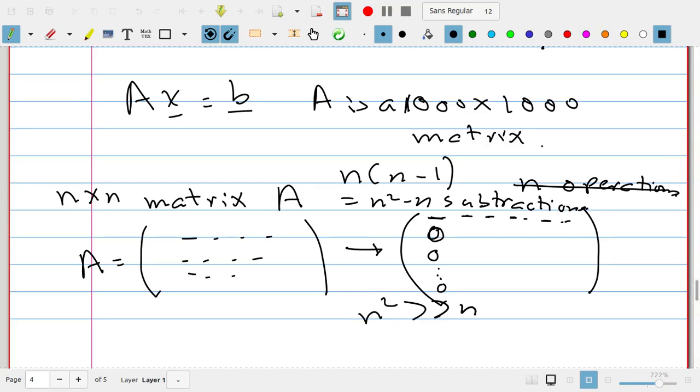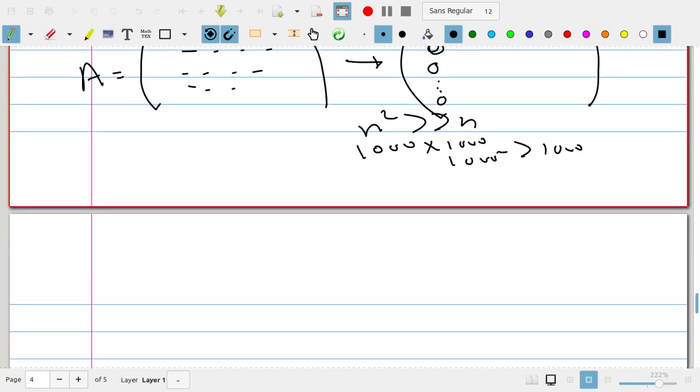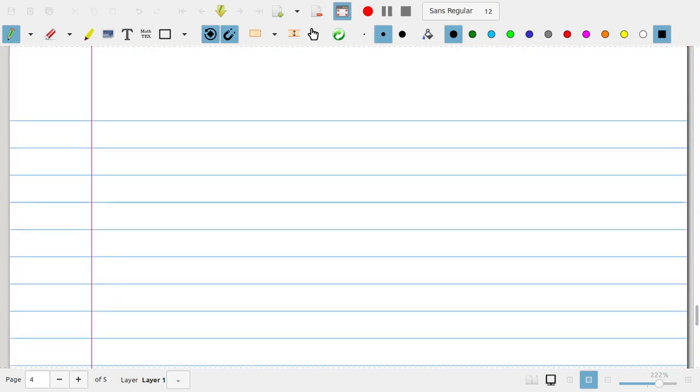So 1,000 square is much greater than 1,000. If that is the case, n square minus n can be approximated by just n square, because this is 1,000 square minus 1,000. So this is approximately equal to n square.